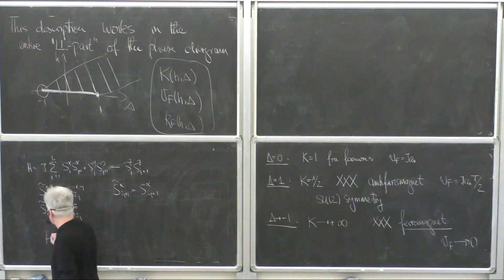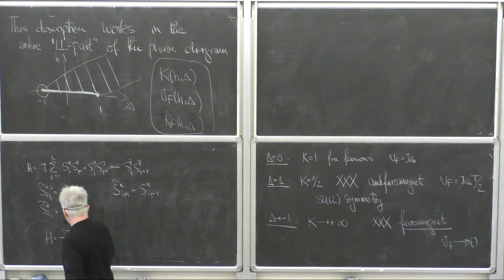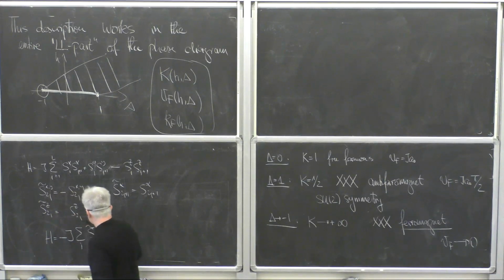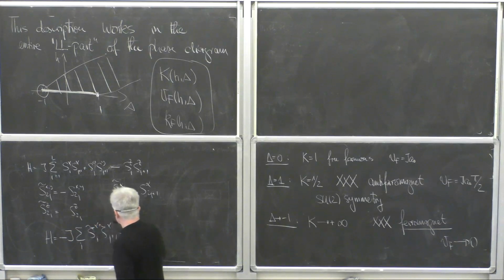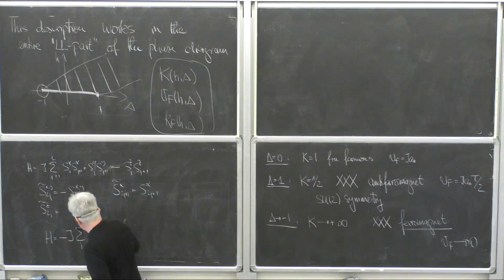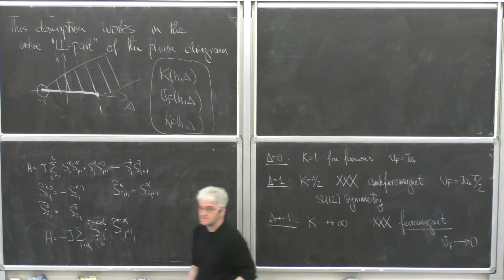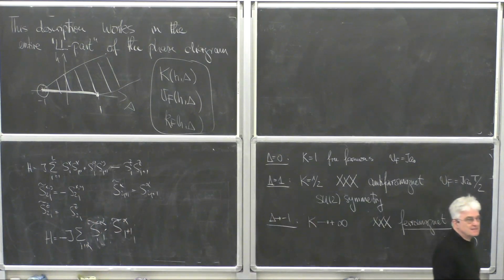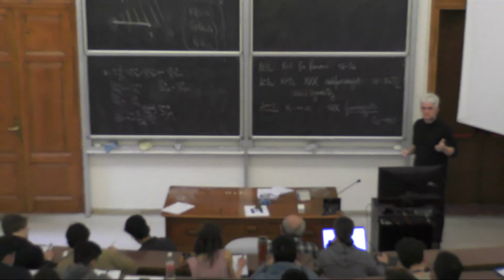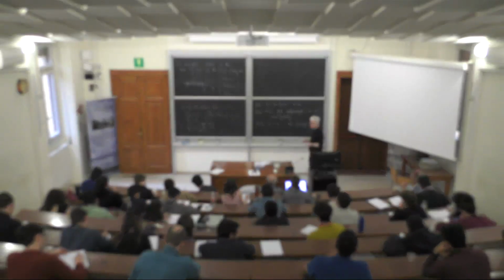So the Hamiltonian becomes minus J, sum over j, of S-tilde^alpha_j dot S-tilde^alpha_{j+1}. And that is precisely the SU(2) invariant ferromagnet. So this is why delta going to minus 1 gives a ferromagnet.